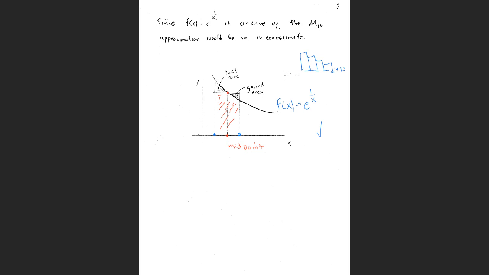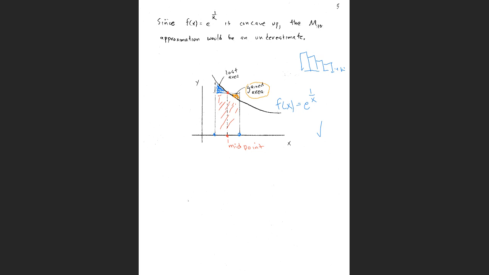We gain some area here that we don't want, because that area is not under the curve. But over here, this area is under the curve, and so that's the area that we have lost.